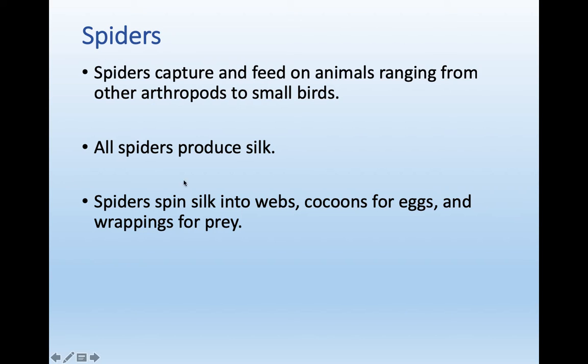Spiders will spin this silk into webs, cocoons for eggs, or when they catch prey, they also use that silk to wrap up their prey and immobilize them so that they can eat them.